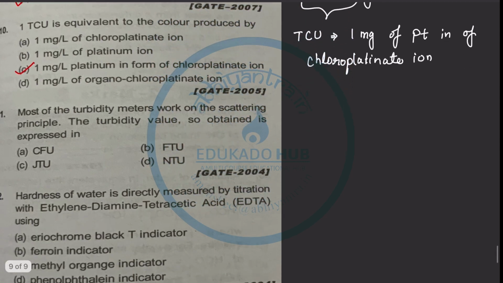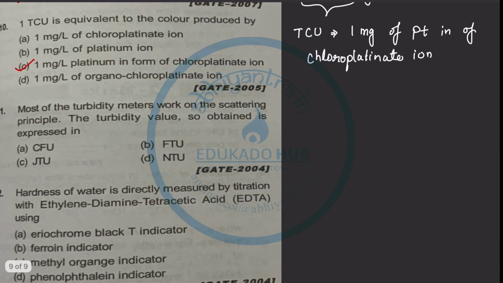Now next question is question number 11, which is: most turbidity meters work on the scattering principle. The turbidity value so obtained is expressed in. First option is CFU, right? CFU is colony forming unit.